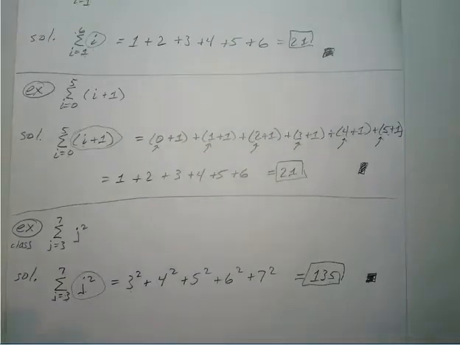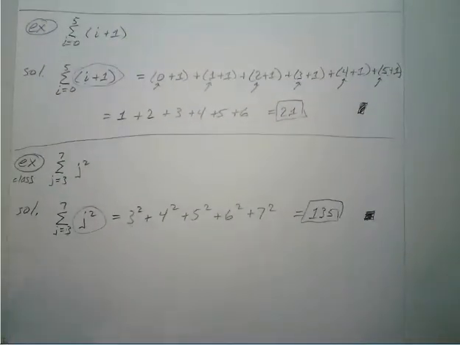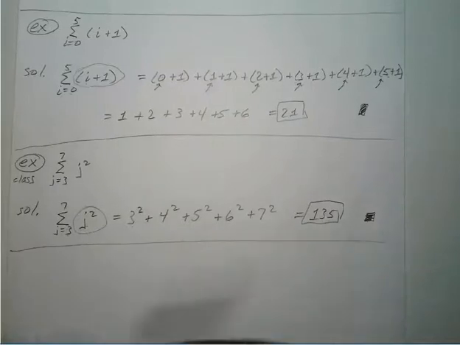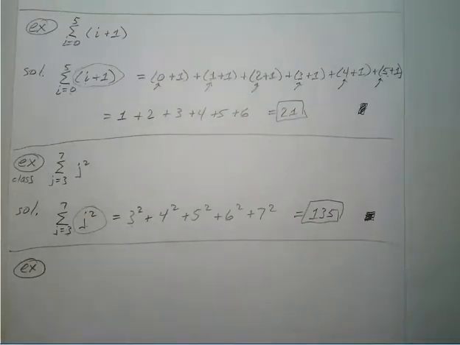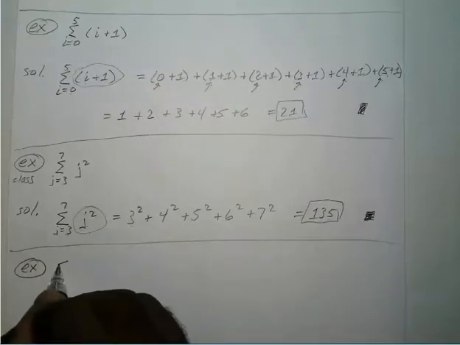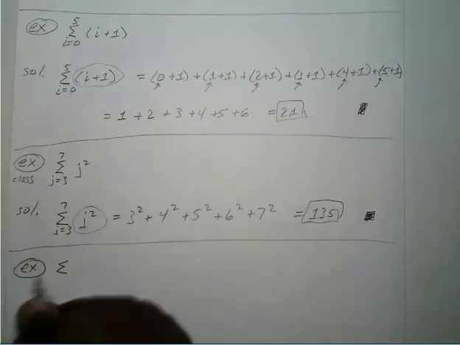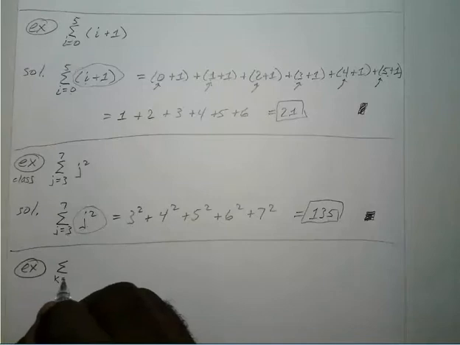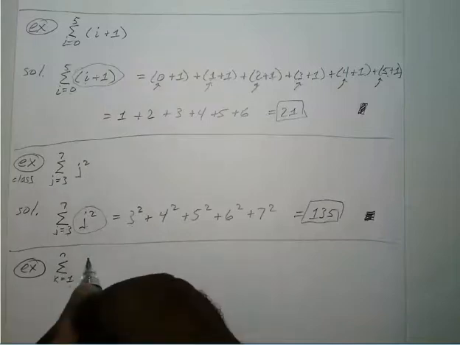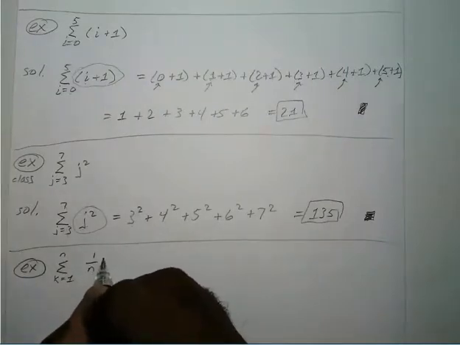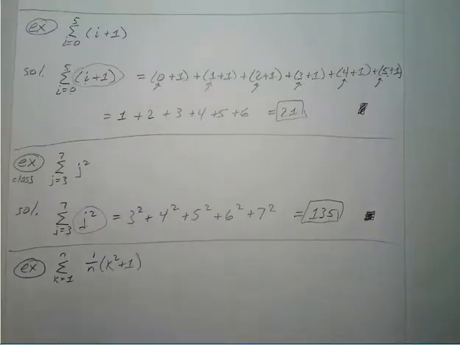All right, so let's do one more example. So what if we want to know the sum from k equals 1 to n of 1 over n times k squared plus 1.